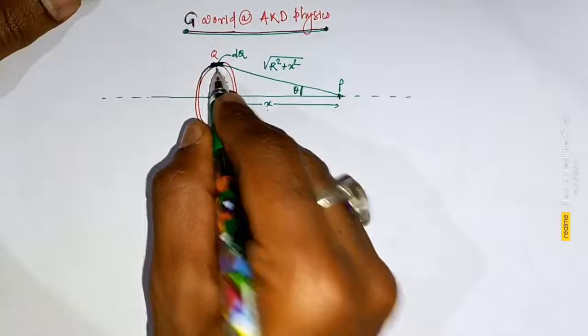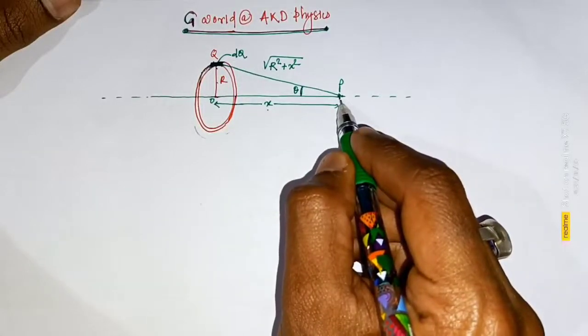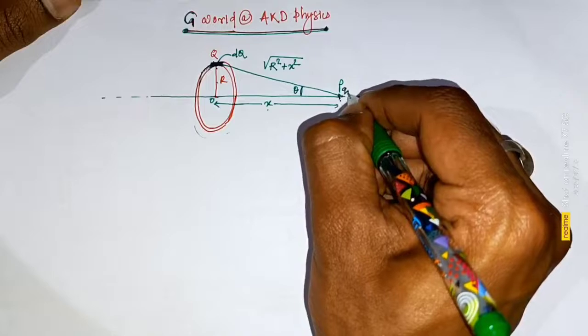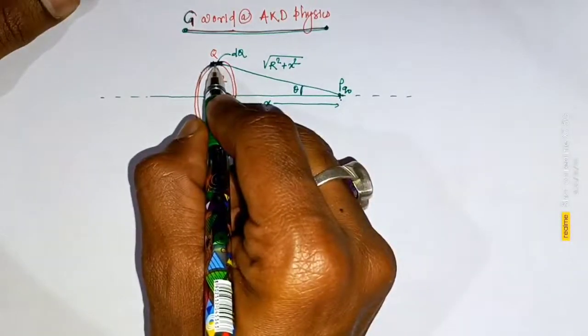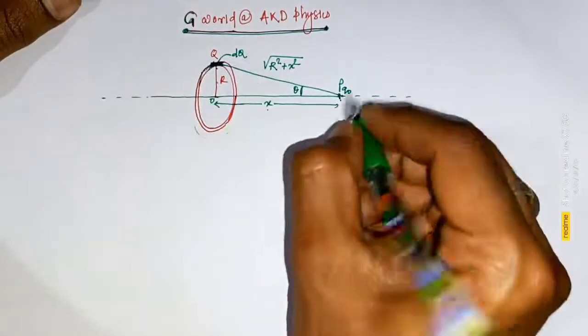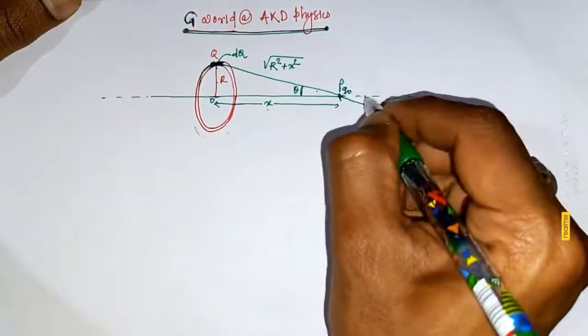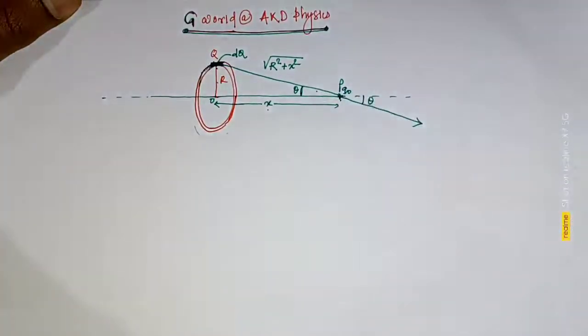This is positive, and at this point I need the expression of electric field, so I will bring a test charge here. This is positive, so it will definitely repel like this. If this angle is theta, can I say this angle is theta? Yes.